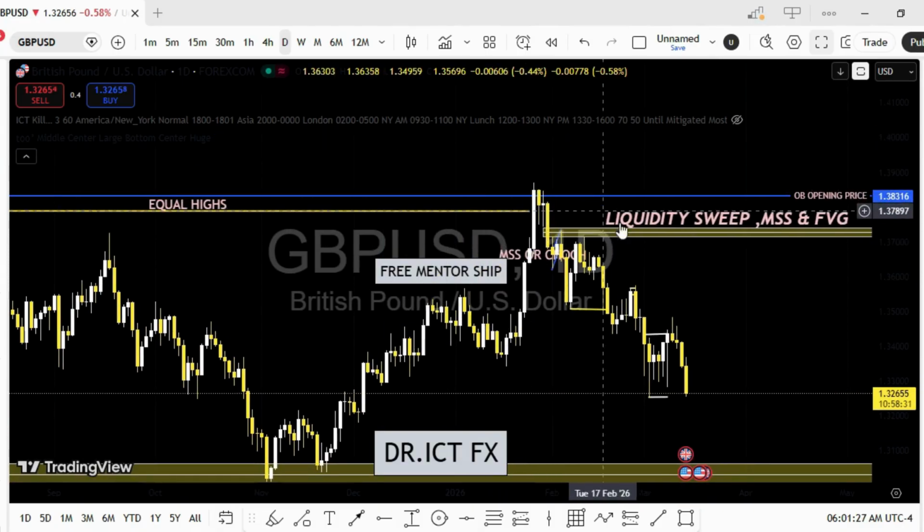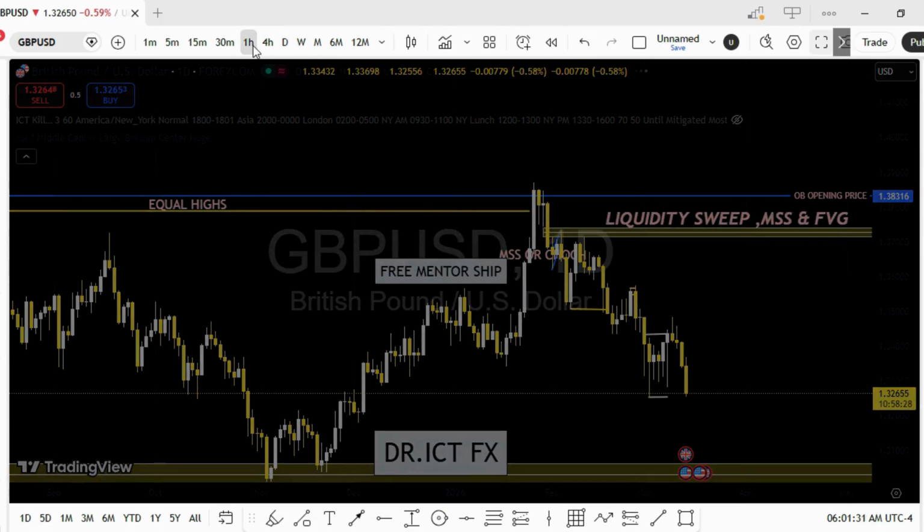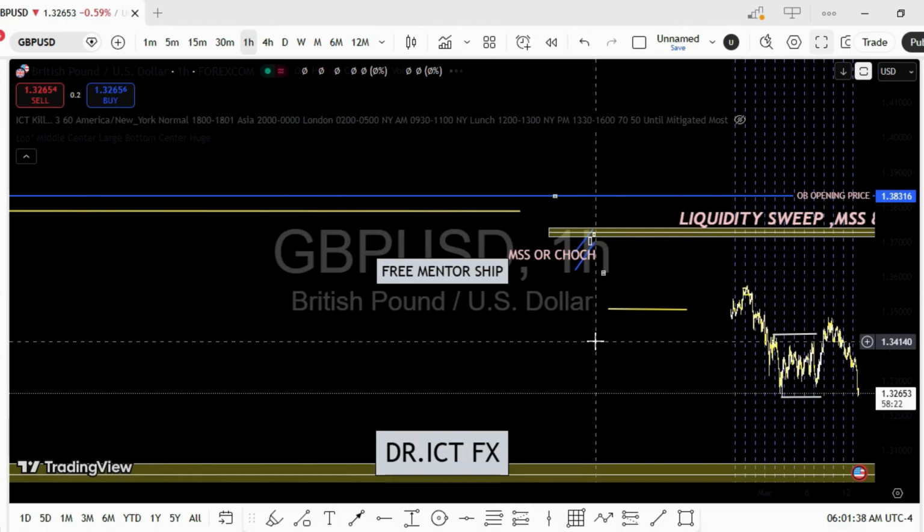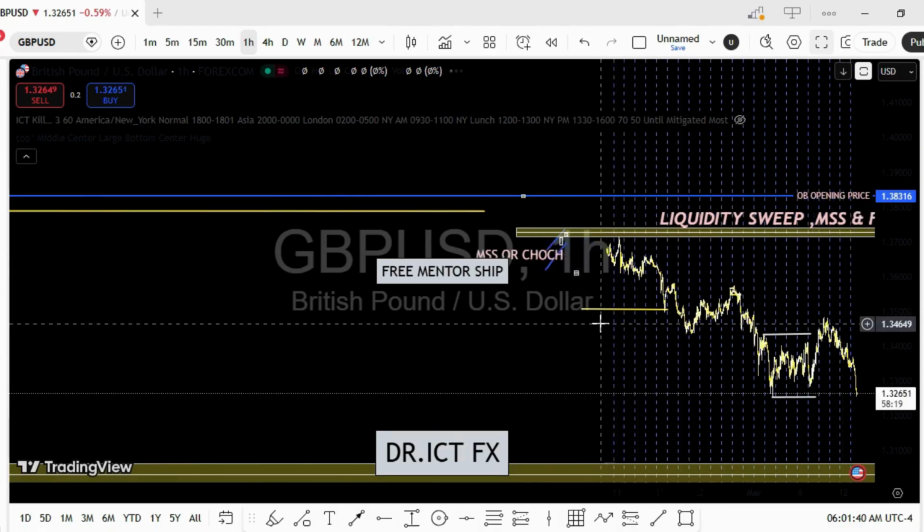So when price reverses to the downside, we are not yet sure. Are you getting it? When price reverses to the downside, from the daily we go to the 1 hour time frame. When you go to the 1 hour time frame, all the things that I've taught on this channel are embedded here.